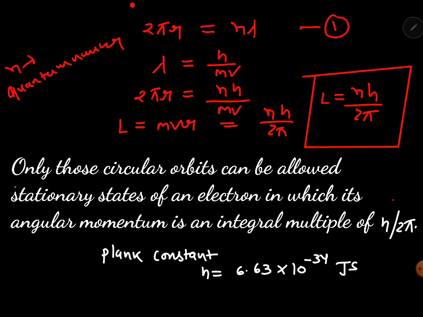So only those circular orbits are allowed in the stationary state of the electron in which its angular momentum is an integral multiple of h upon 2 pi. h is the Planck constant, whose value is 6.63 into 10 to the power minus 34 joule second.